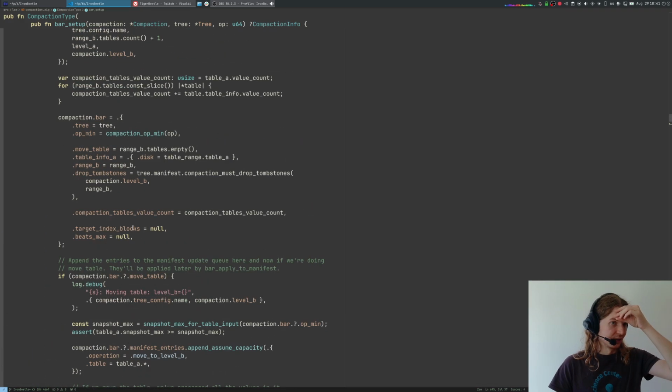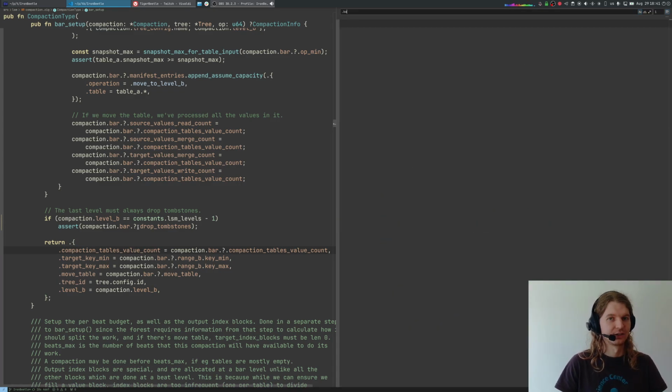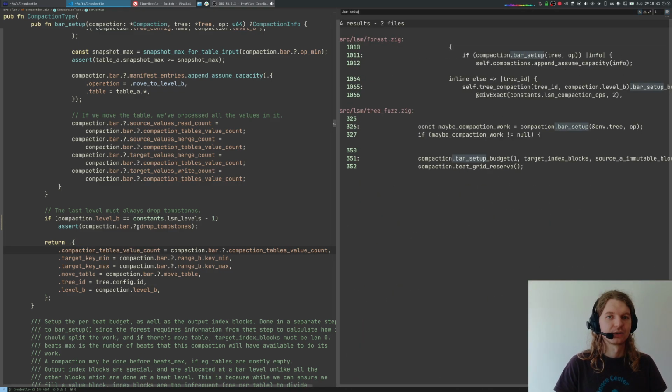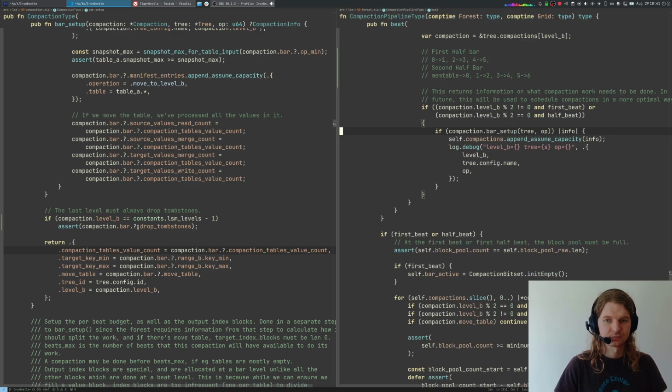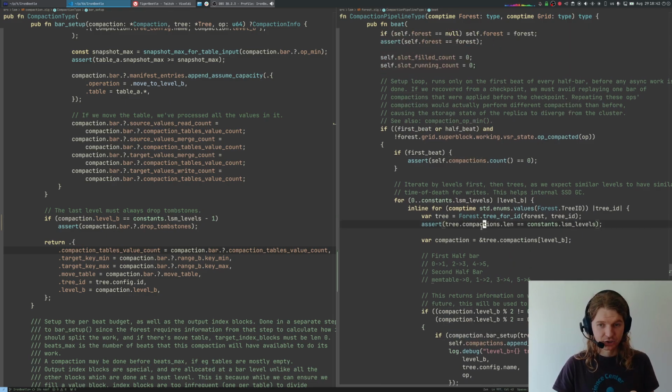So what are we actually setting up? Okay, compaction, yeah. Compaction is a compaction from one level to another level. Let's get back to the call side here. Okay, so we invoke this bar setup for every compaction. And compactions are iterated by trees and by levels.